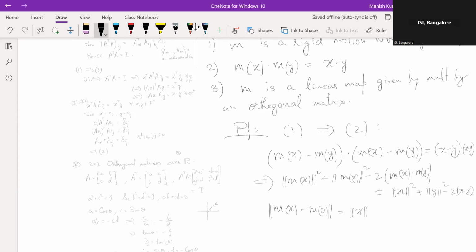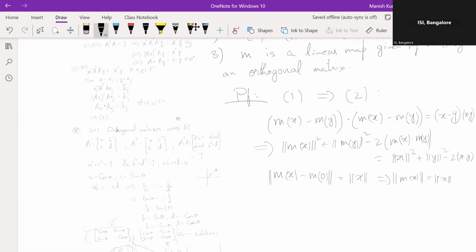And M0 is 0, so this tells us that the length of Mx is the same as the length of x. So this is a note, which implies that I can cancel out, because M0 is 0.